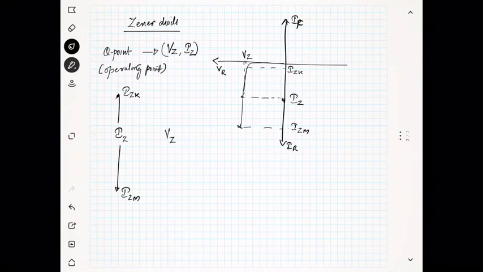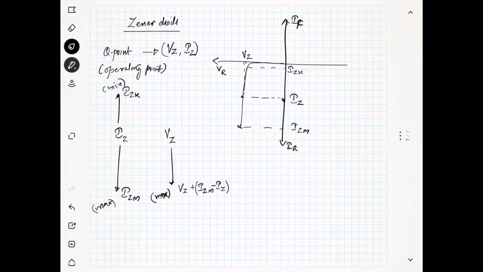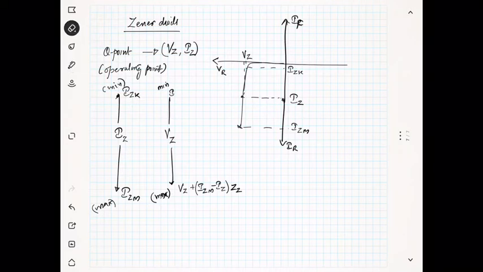Similarly, the voltage Vz can go to a maximum of Vz plus Izm minus Iz into Zz, and it can go to a minimum of Vz minus Iz minus Izk into Zz. Okay, so this you have to remember.